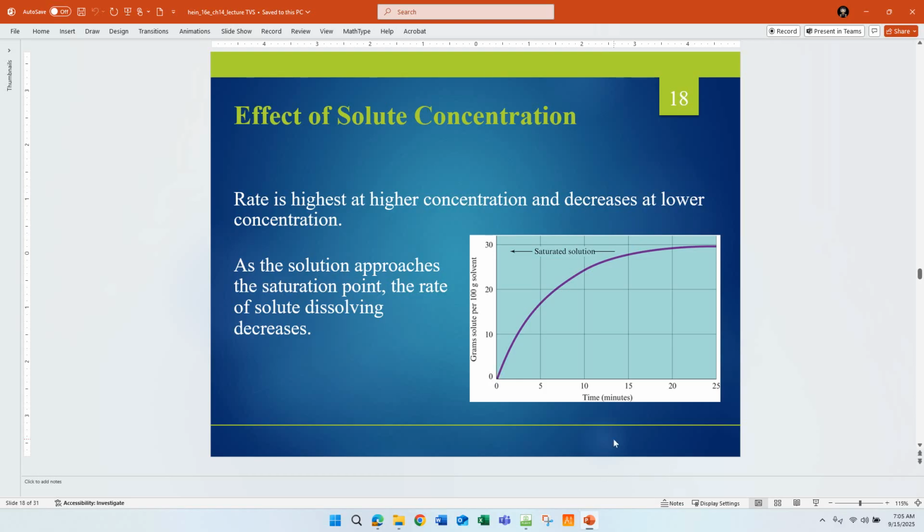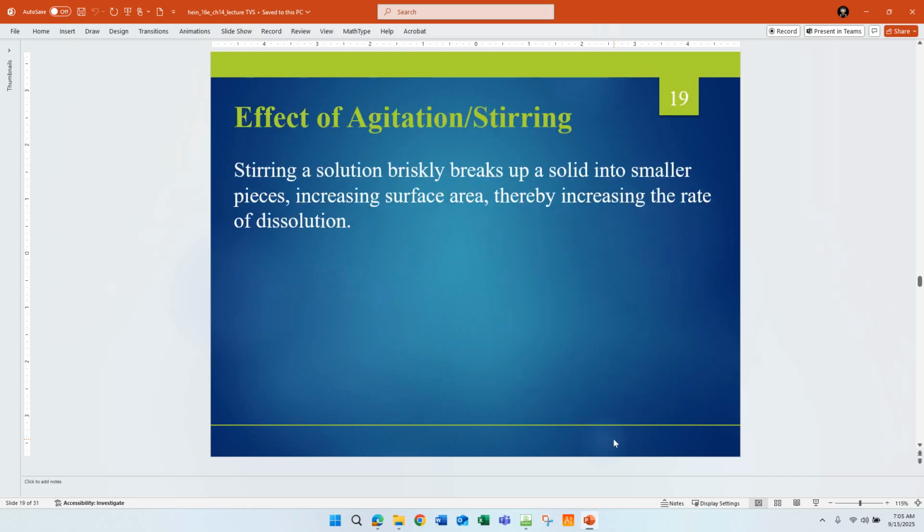It's reaching the maximum amount it can dissolve in a given solvent. Stirring and agitating affects the rate. Obviously, if you stir something, you're breaking up the solute in the solvent, moving it around to allow more surface area, and it increases the dissolve rate in the solution.